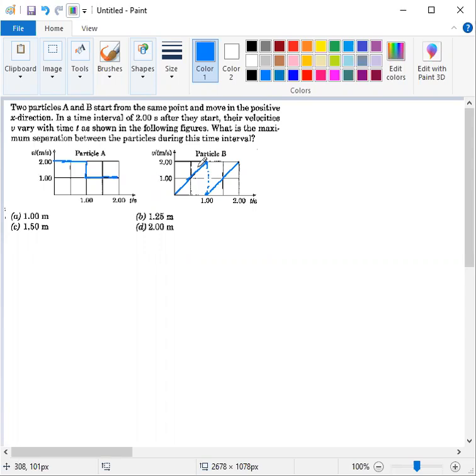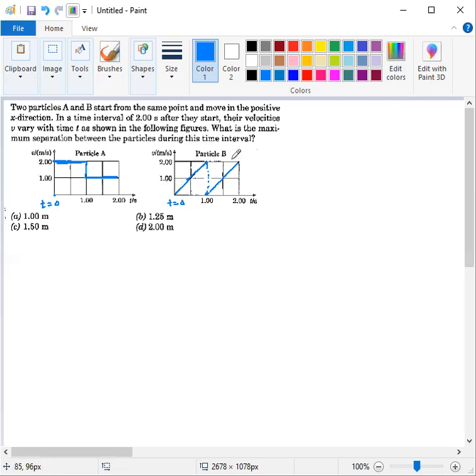If we analyze our graph, for the first particle, the starting time is t equal to 0. This point indicates time t equal to 0, and here also t equal to 0. The starting velocity is 2, and up to 1 second the particle moves in this path, and after 1 second the graph follows this path.